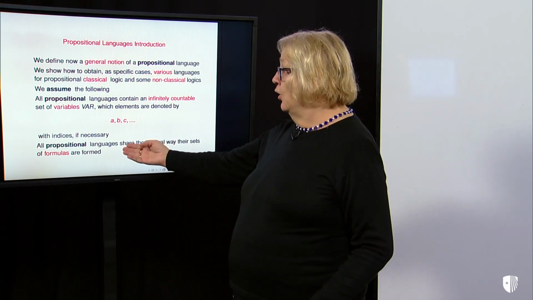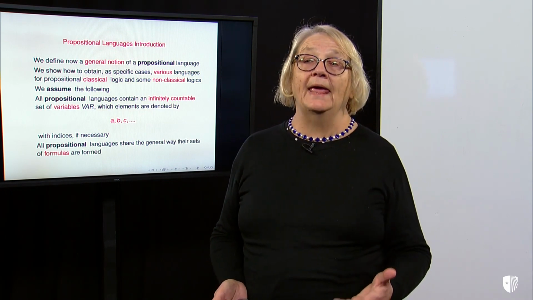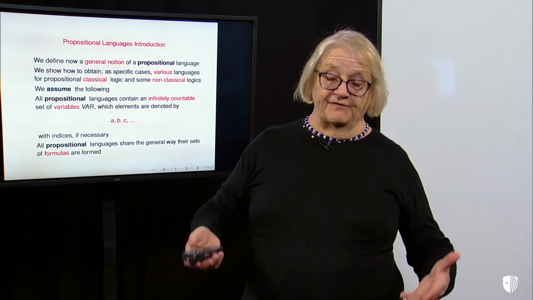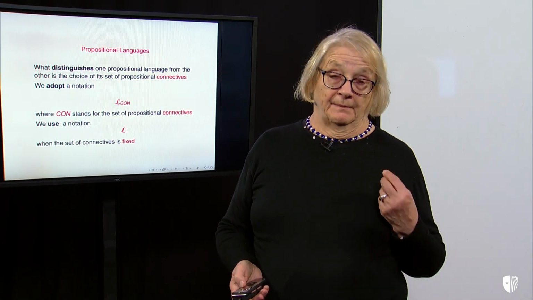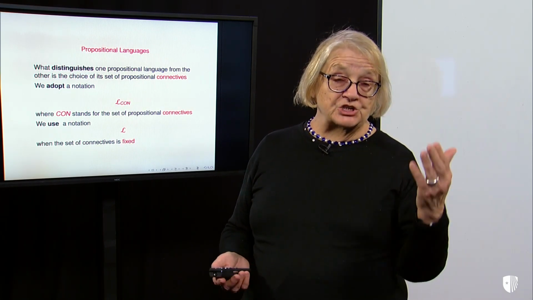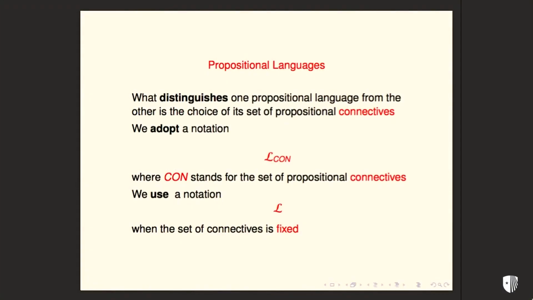And of course, all propositional languages share the general way we define the set of their formulas. But really, because they share the way you define formulas, what distinguishes one propositional language from the other is the set of connectives.